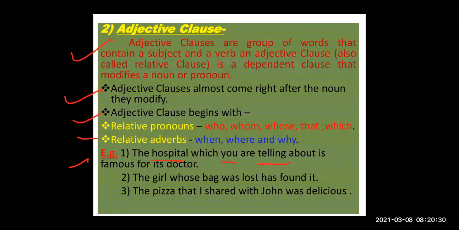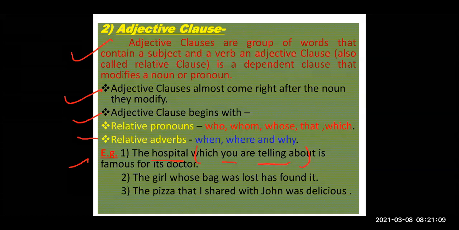Adjective clauses are groups of words that contain a subject, which is you here, and a verb, that is telling, and it is dependent and modifies a noun or pronoun. Now here, what does it modify? The noun, that is the hospital. So here, which is our adjective clause? Which you are telling about is our adjective clause.